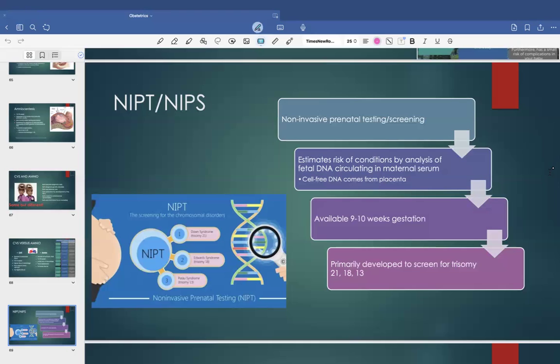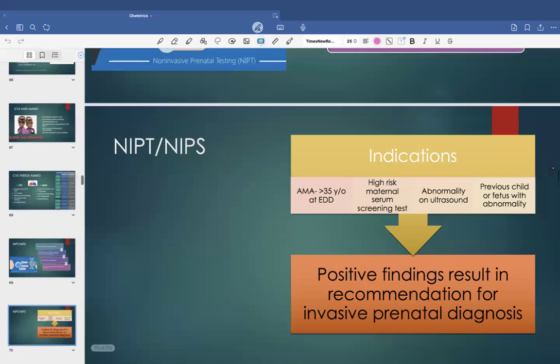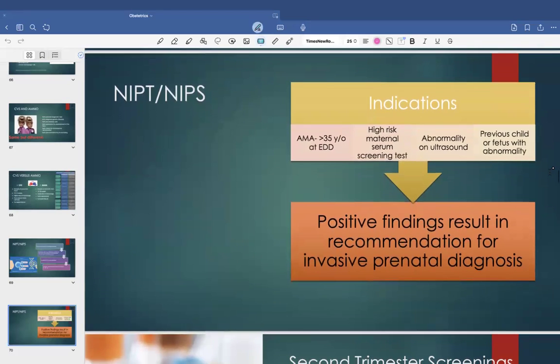So for the NIPS testing indication, you might do it for a mother of advanced maternal age, so anybody 35 or older, when you're doing the estimated date of delivery. If the mom has a high risk maternal screening, abnormality on ultrasound, or a previous child with an abnormality, this would be recommended.